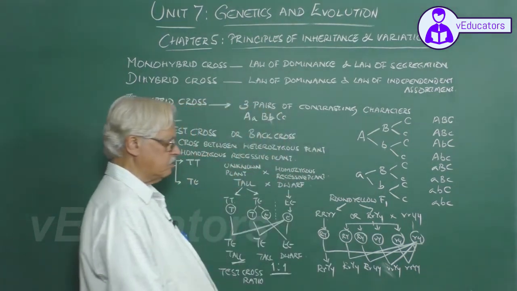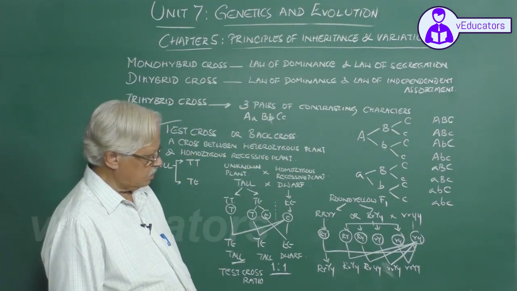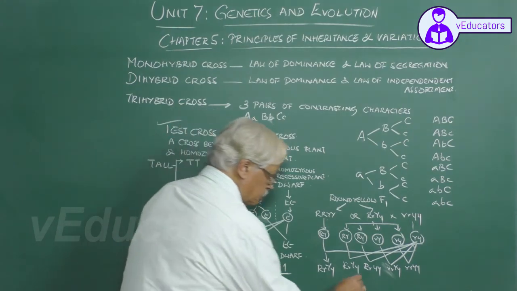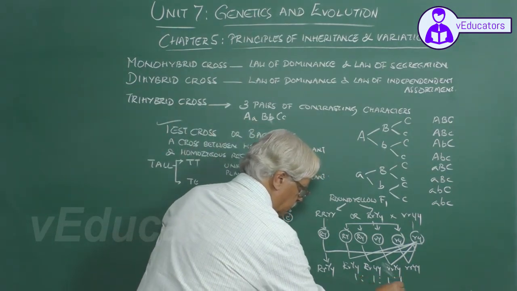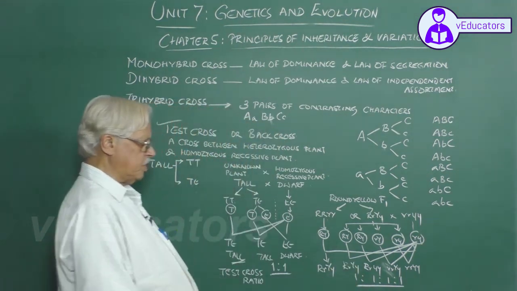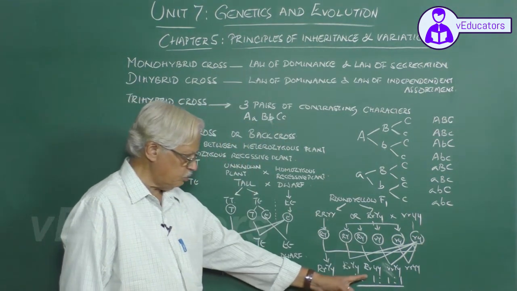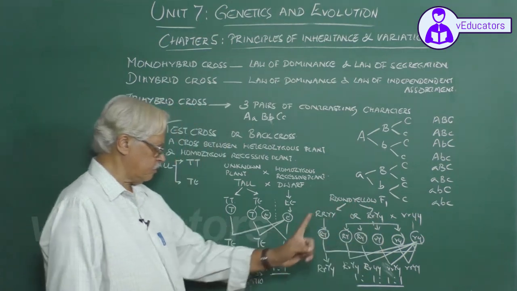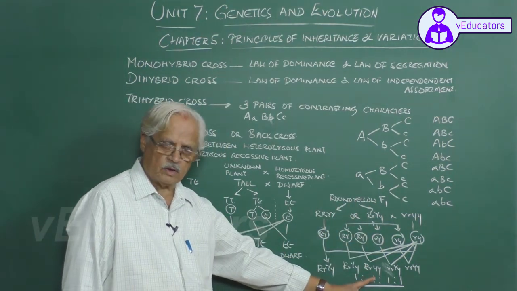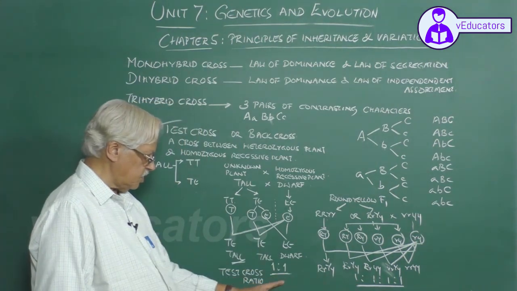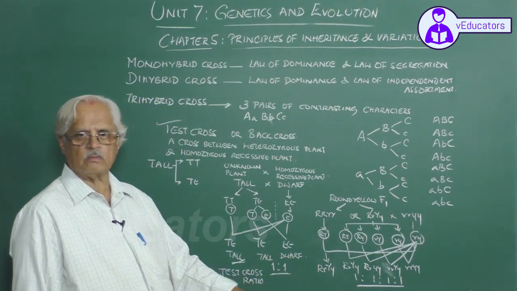Small r small r, small y small y, wrinkled green plant. So for the four combinations, you will get a ratio of 1:1:1:1. This is the test cross ratio for a dihybrid cross. This is the test cross ratio for a monohybrid cross.